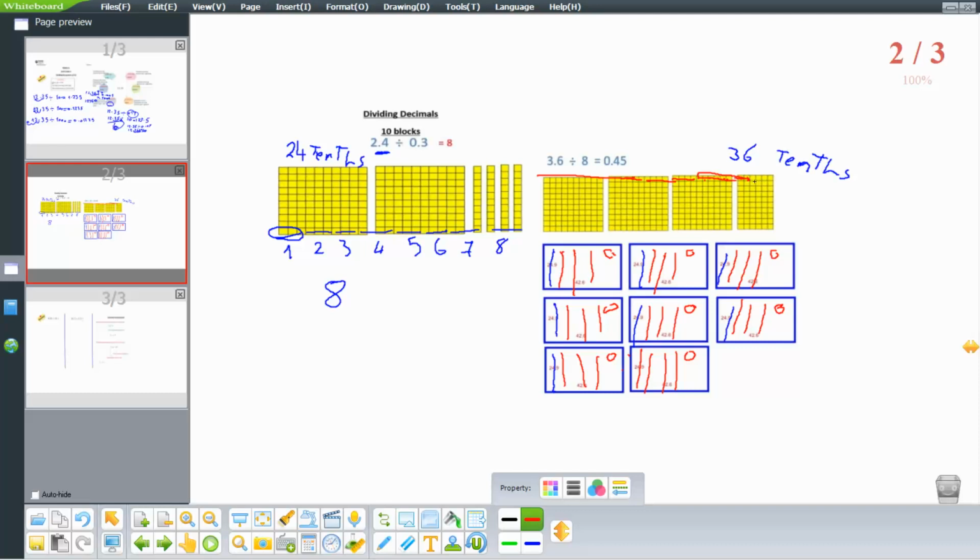Okay, this 4 tenths we are going to distribute among the 8 houses. 4 tenths among 8 houses, so we are going to distribute 4 tenths.